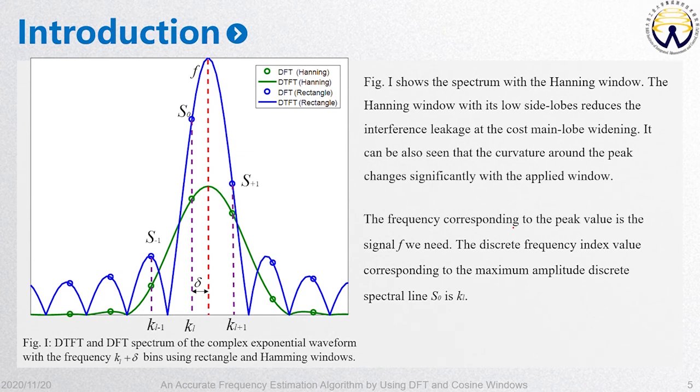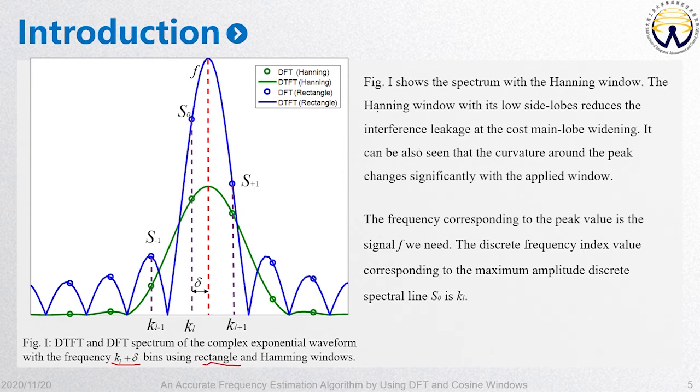Figure 1 is the DTFT and DFT spectrum of the complex exponential waveform with the frequency L plus delta, using rectangle and Hamming windows without noise.